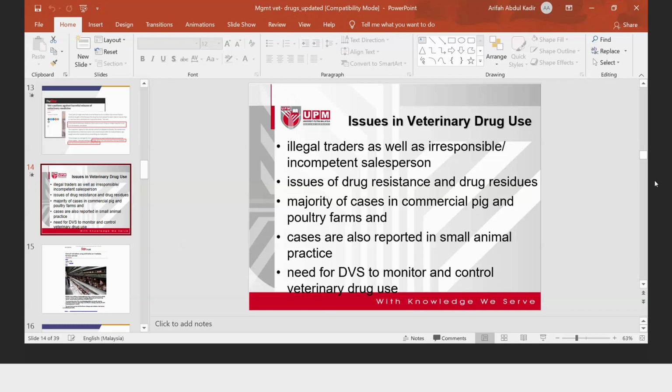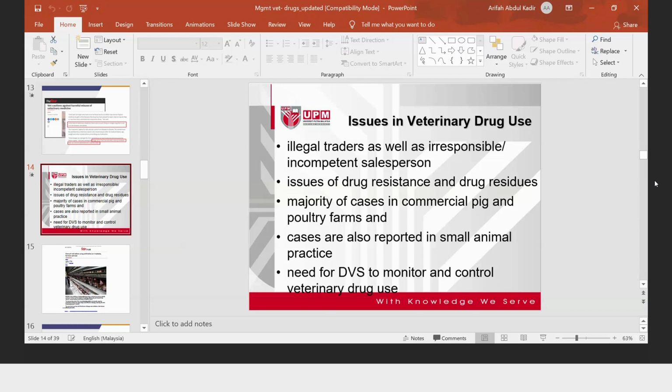Where only a veterinarian can prescribe drugs to farmers. Okay, so issues of drug resistance: misuse of drugs, like underdosing, can lead to drug resistance, and drug residue is another thing. Drug residue is the presence of drug in the meat after the animal is slaughtered, which means the drug was used but they didn't wait until the withdrawal period.